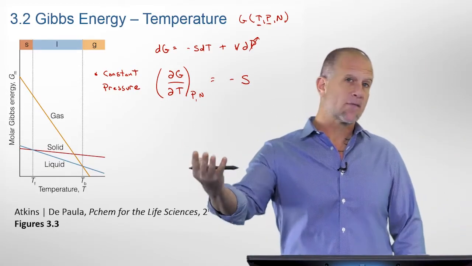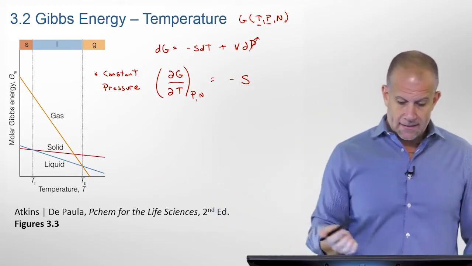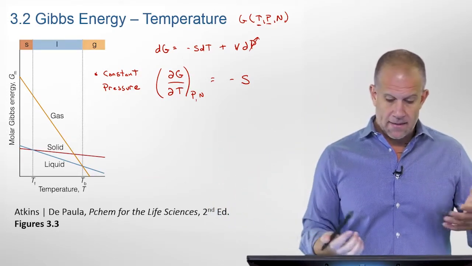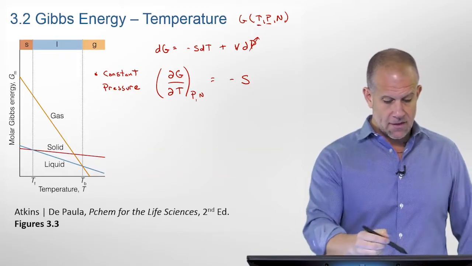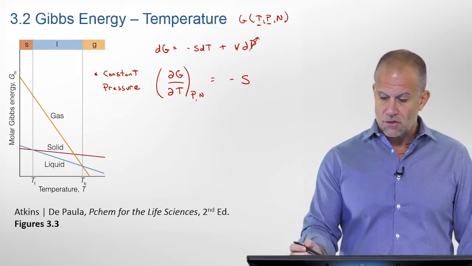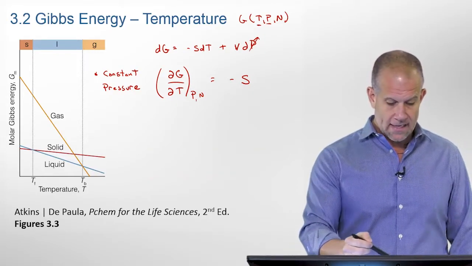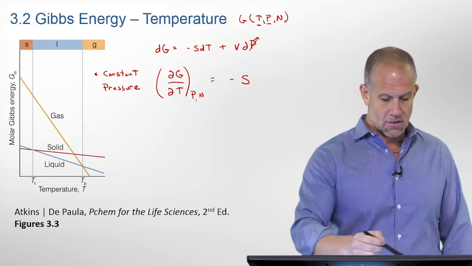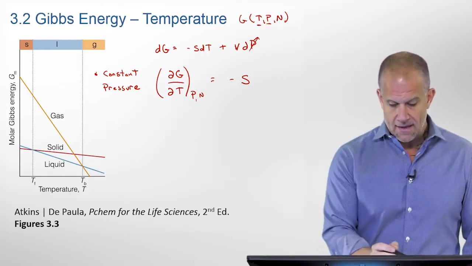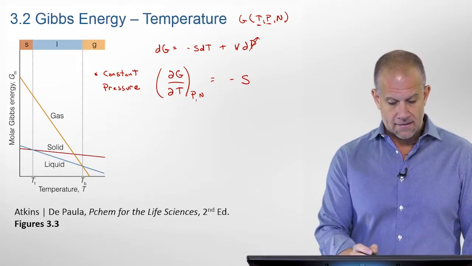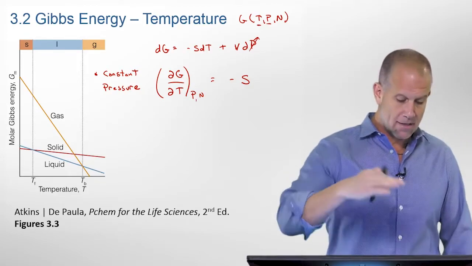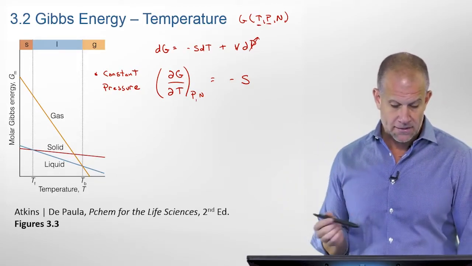Entropy is a positive quantity, so minus the entropy will mean that we have a negative slope. And the larger the entropy, the larger the negative slope. So the gas has the largest negative slope, and then the liquid, and then the solid has the most shallow negative slope associated with it.